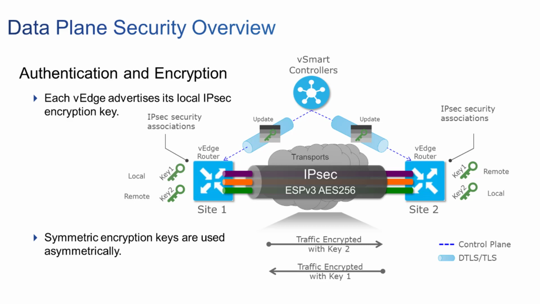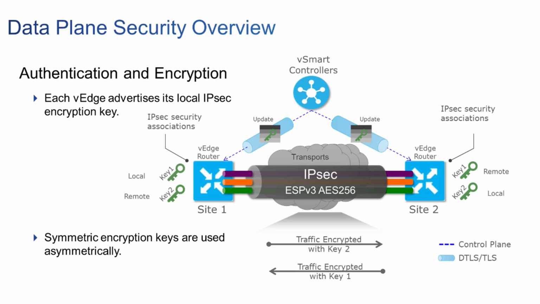The data plane provides an infrastructure for sending data traffic among the vEdge routers in this SD-WAN overlay network. Now we know that that traffic happens between the vEdge routers. So that data plane traffic travels within a secure tunnel. And in this particular case, we're not using DTLS or TLS.